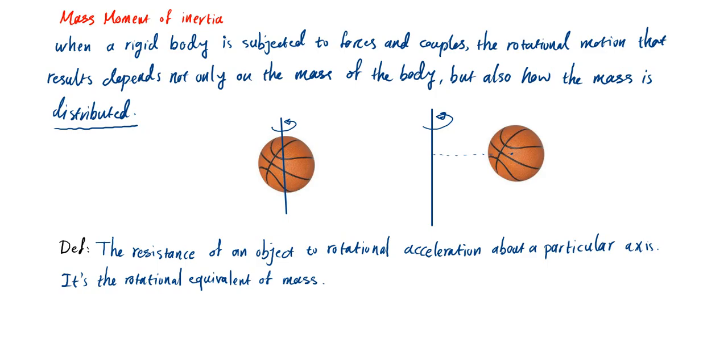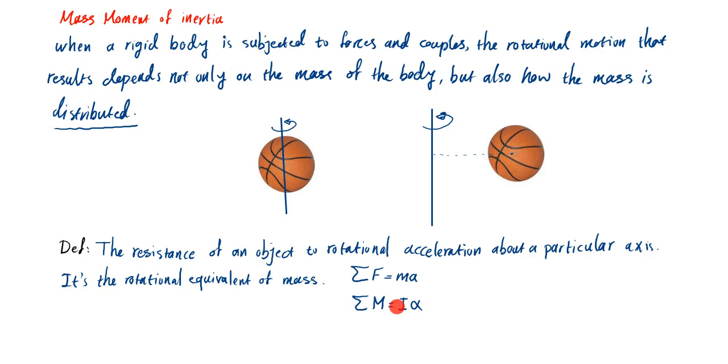Newton's second law for a linear motion, we had summation of forces applied to mass is equal to ma. Now in this case, we have summation of moments is equal to I alpha. So this is for rotational motion.